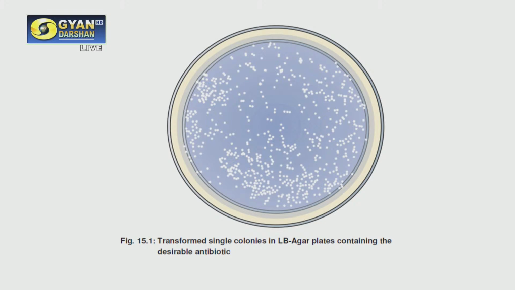So these were the three main experiments that we discussed today. If I recap once more what we learned today: if you take the two sessions, the last session and today's session, together, it makes a complete story. First you learned how to isolate plasmid DNA.